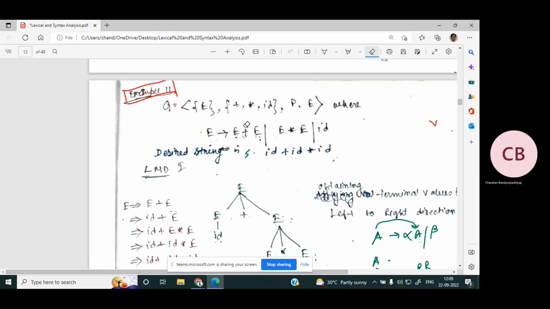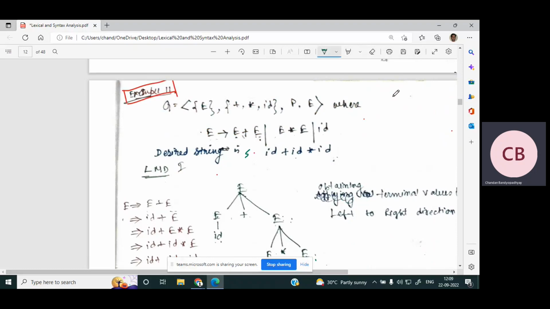We started with this question of how to identify whether a grammar is ambiguous or not. To understand that objective, we discussed left recursion and right recursion. And yes, left recursion and right recursion are very important in syntax analysis.